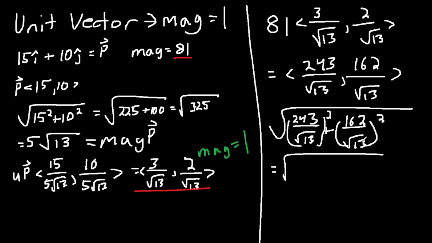Let me pull out my calculator. So 243 squared over 13 is 59049 over 13. And 162 squared is 26244 over 13.